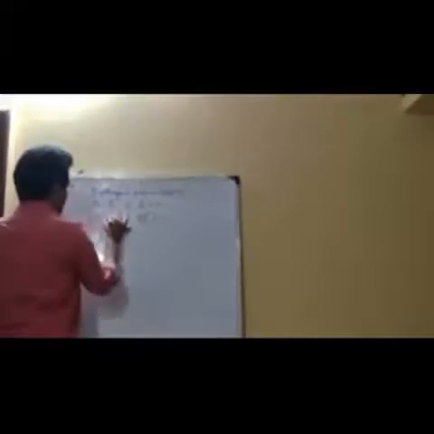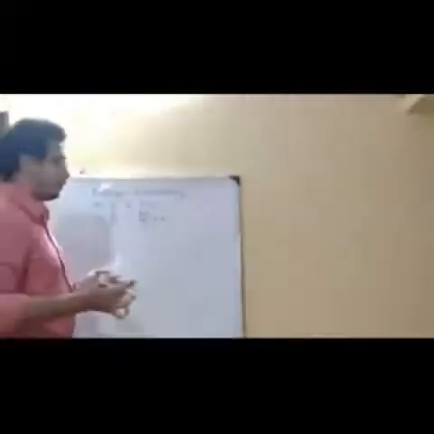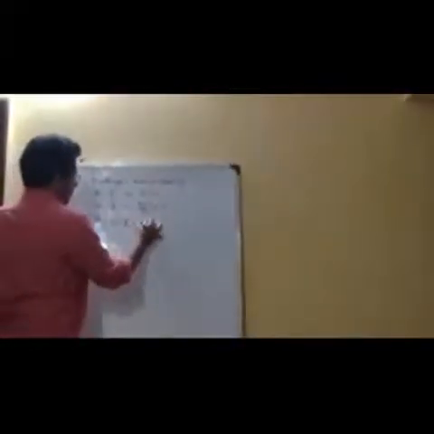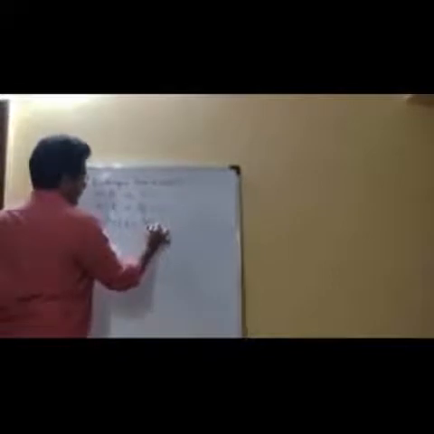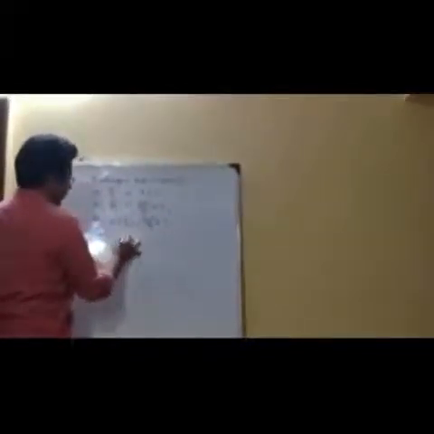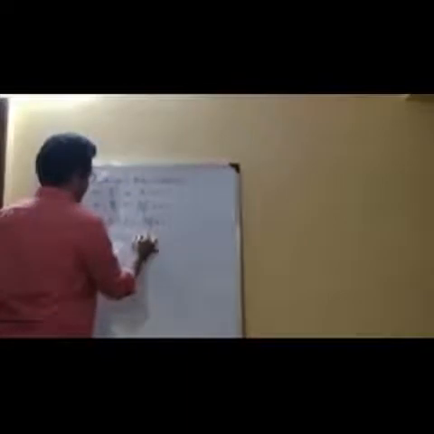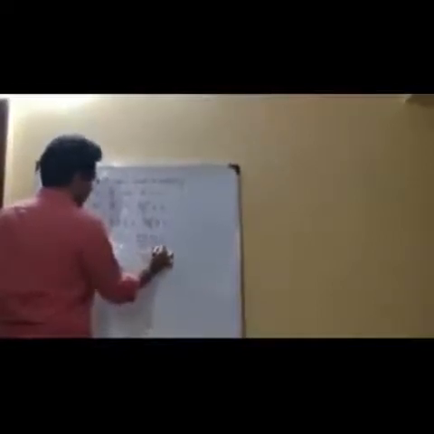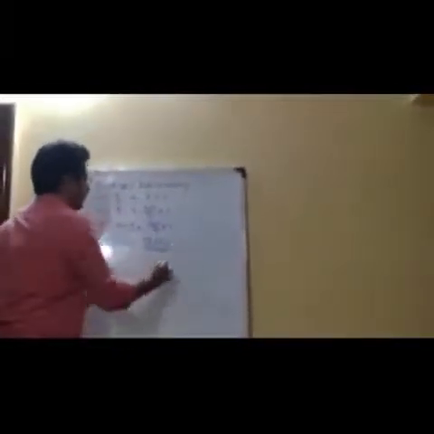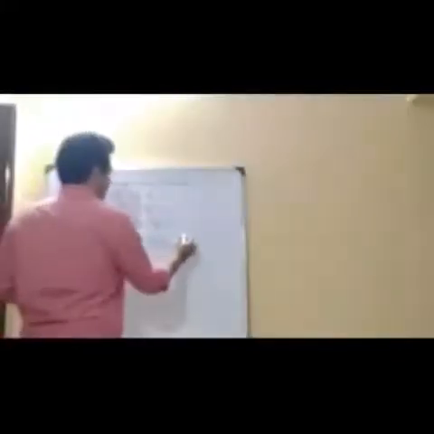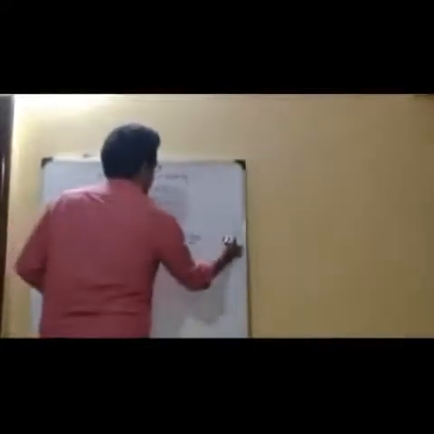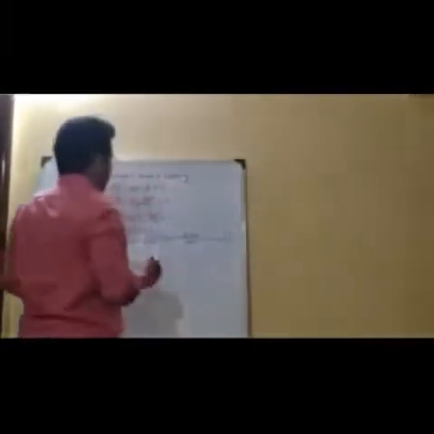From the previous data we get discharge equal to 0.52, that is equal to pi d square by 4 into V, or we can write V equal to 0.52 into 4 by 3.14 into d square. If we calculate this value, we will get V equal to 0.66 by d square. Suppose this is equation number 1.